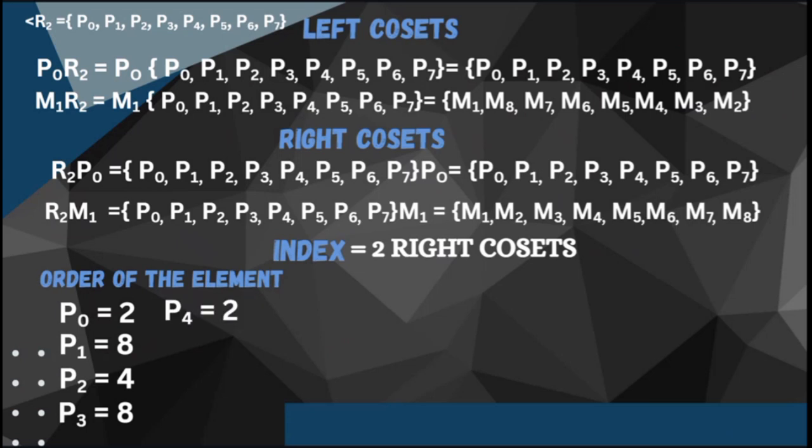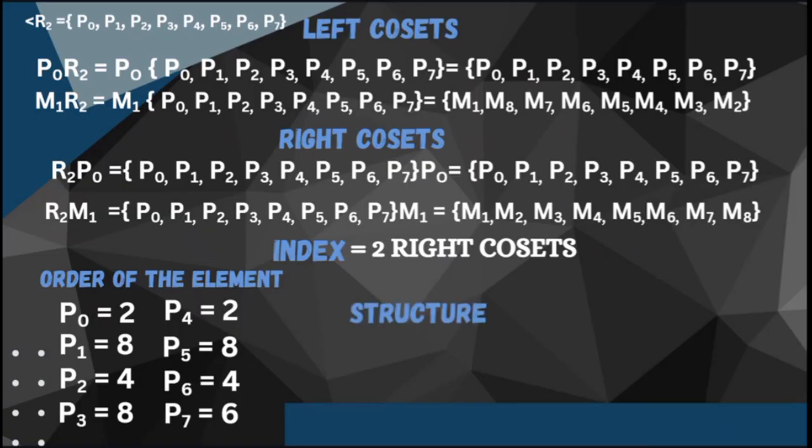Rho sub 4, we have 2. Rho sub 5, we have 8. Rho sub 6, we have 4. And rho sub 7, we have 6. For the structure, this subgroup is cyclic and isomorphic to integers modulo 8.